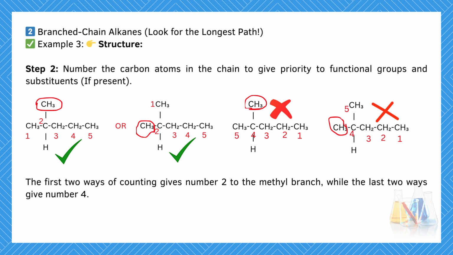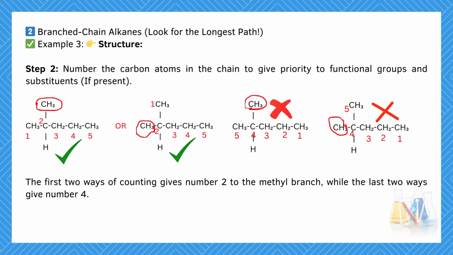It is showing you that for that pattern of counting, anything that is not part of the parent chain becomes a branch or a substituent or a side group. I'll repeat that. When you count your parent chain, if any carbon atom is not part of that parent chain, then that carbon atom becomes a substituent.